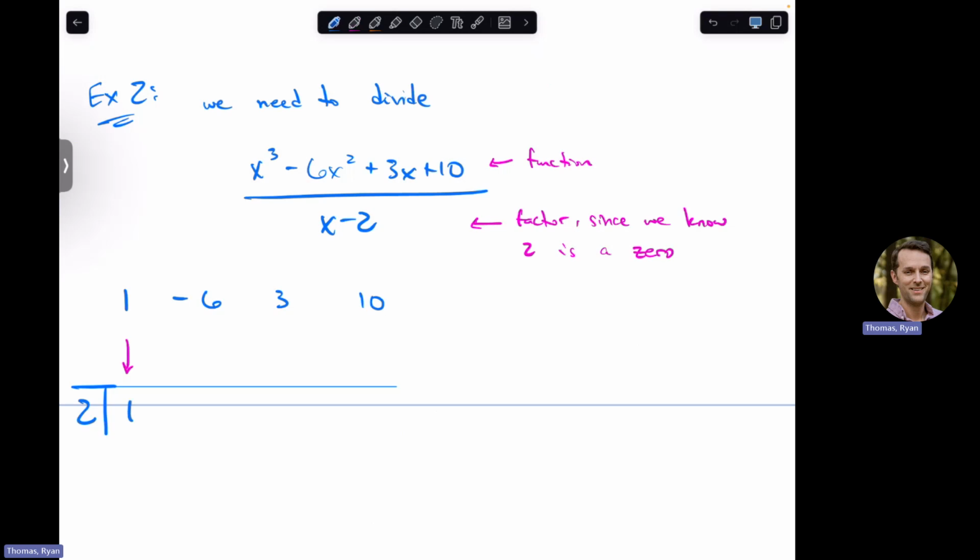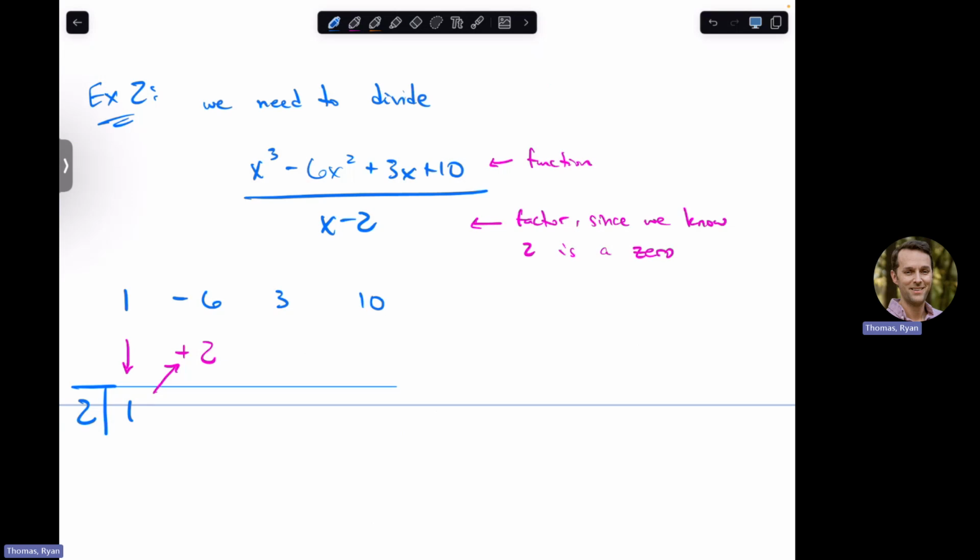So start by carrying down. Then multiply. 2 times 1 is 2. That goes here. And we add down the columns.